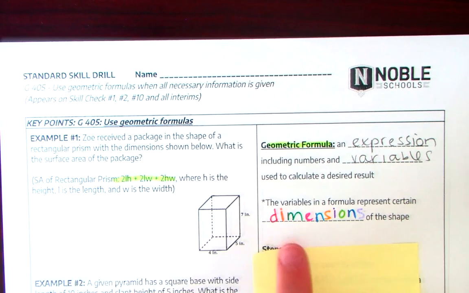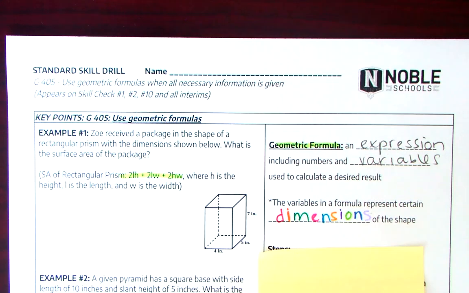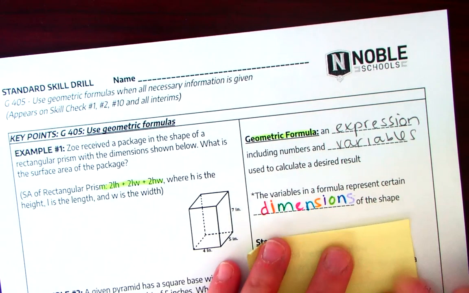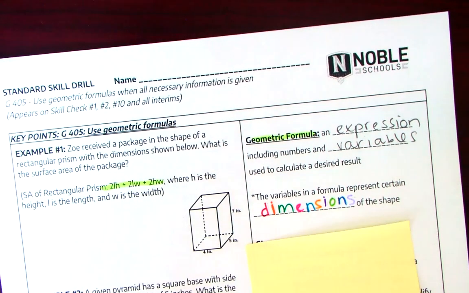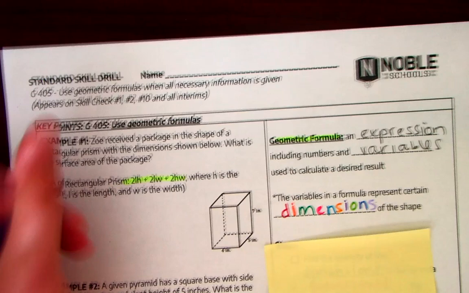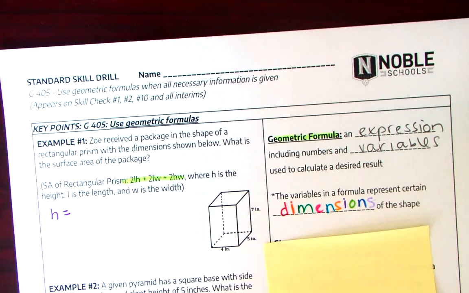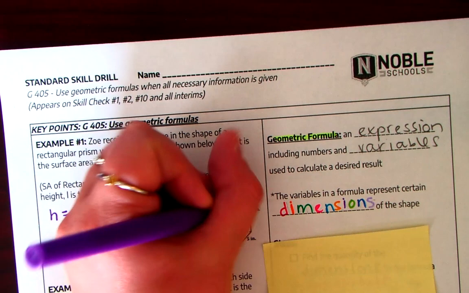And I made this lovely rainbow, lots of colors, because every formula is different and includes different dimensions. Okay, so in this one, it says where h is the height. So maybe height is like this, right?